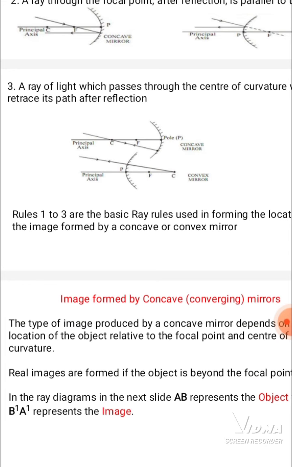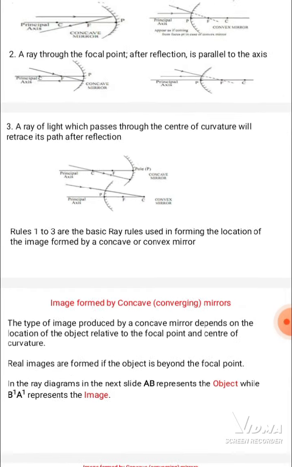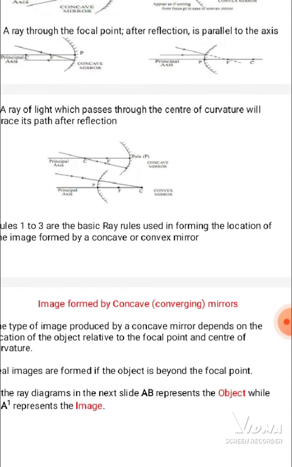Then you also have the other arrow pointing in the reverse direction for a concave mirror. And of course, the same thing is applicable when you are talking of a convex mirror. But the only difference is that the center of curvature is actually behind. So those are the three rules in the formation of images for a concave mirror.